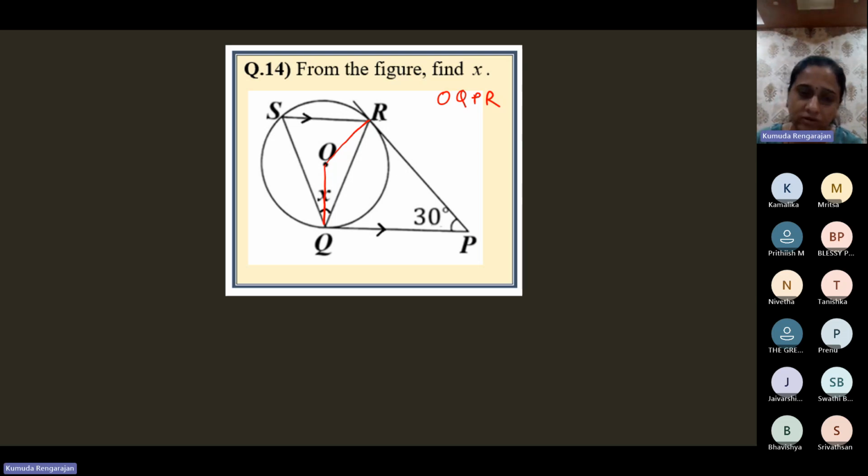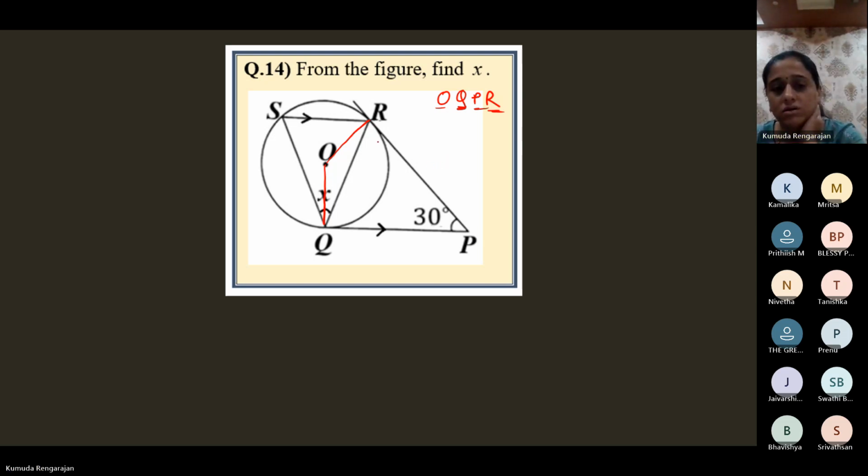No, it is not, because the points Q and R lie on the circle, but O and P don't lie on a circle. But still, can you say it's a cyclic quadrilateral? Okay, fine.